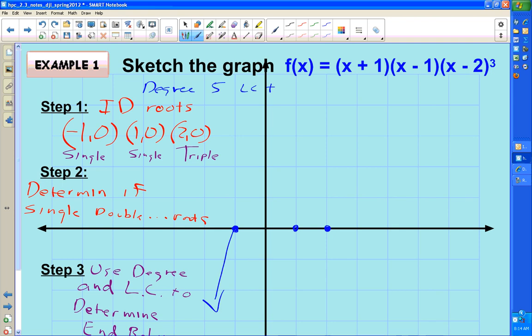So the graph at -1 should go straight through. Now, the end behavior on the right for a degree 5 with positive leading coefficient, what should that be? Up. So we're down on the left, up on the right. So from this root, and I'm not going to connect it yet, we should end going up.